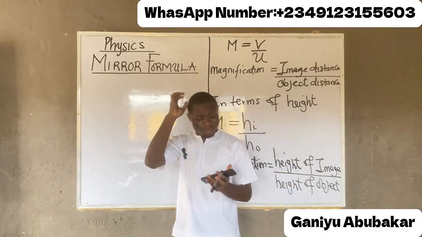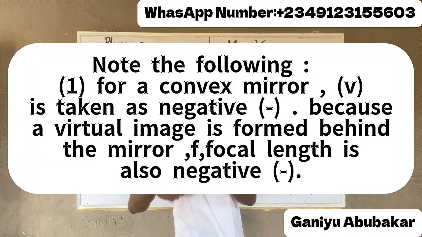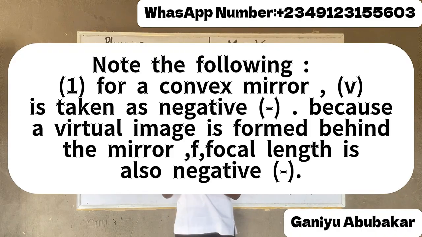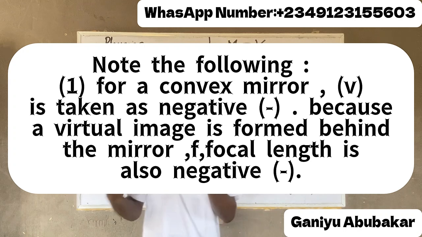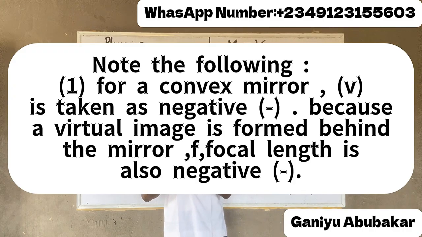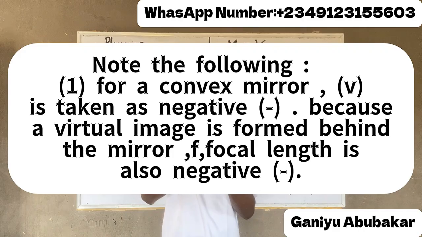Number one: for a convex mirror, V is taken as negative, in brackets minus. V is taken as negative because a virtual image is formed behind the mirror, and focal length is also negative.